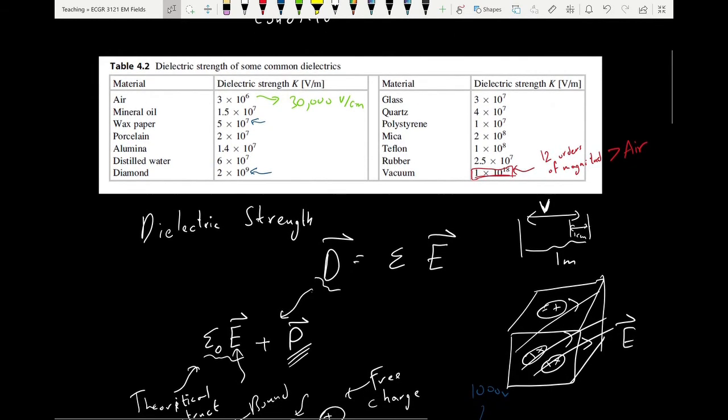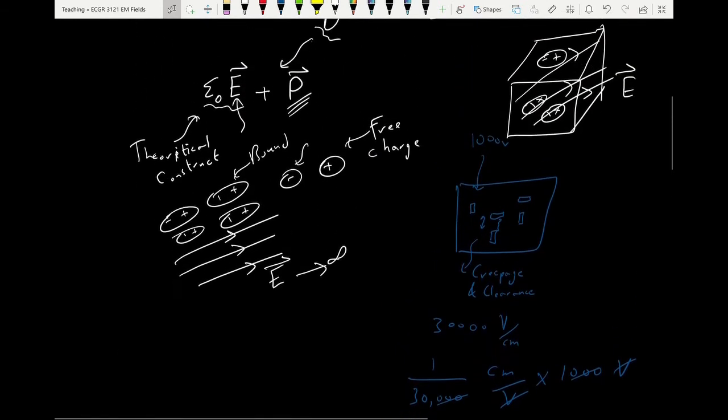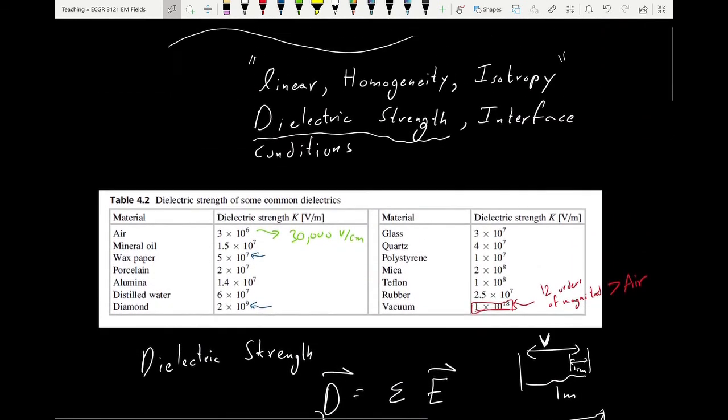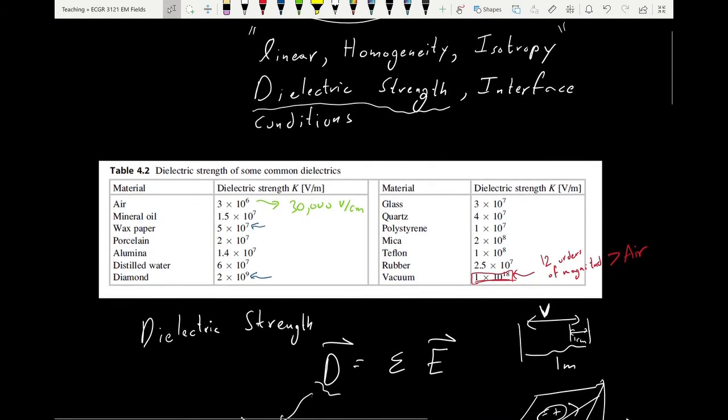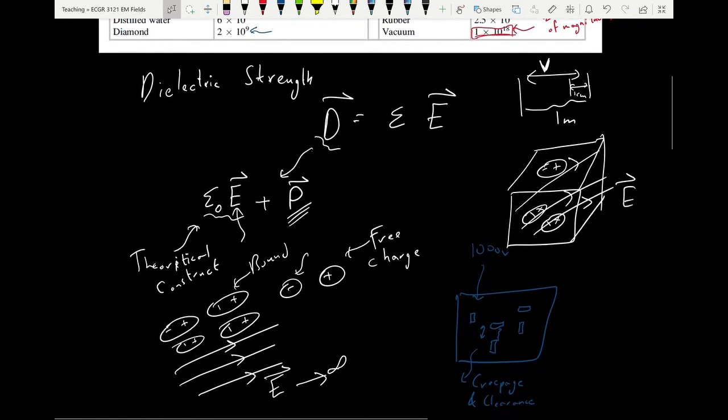I don't think we will encounter those materials within the scope of this course, but you have to know that they do exist, and they offer an interesting field of study. It's a big field of study, the properties of materials under electromagnetic fields.